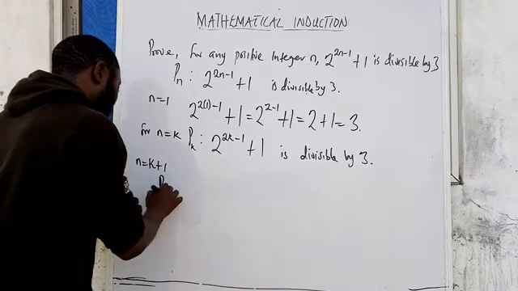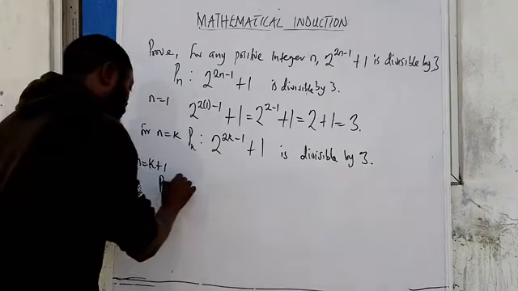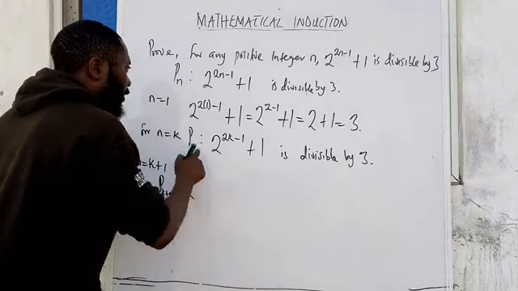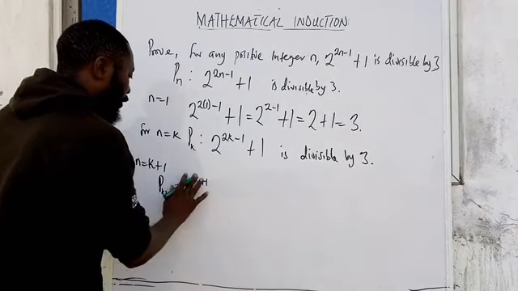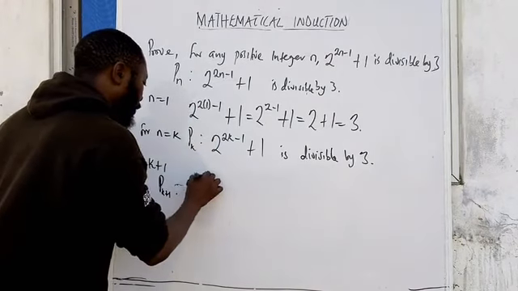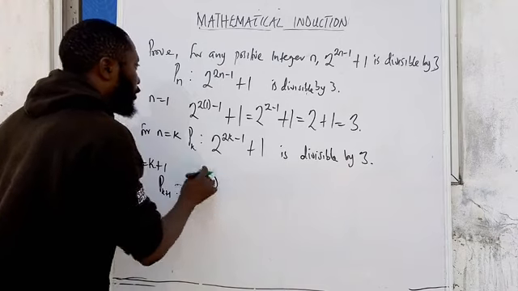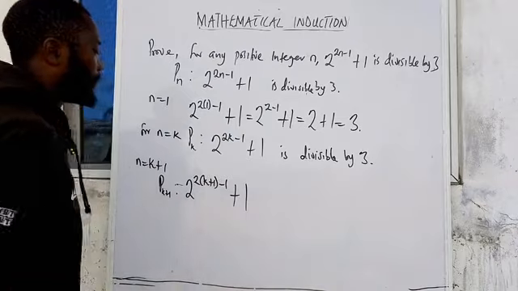So now we have P(k plus 1). That will be 2 raised to the power of 2n, that is 2(k plus 1), then minus 1, then plus 1.